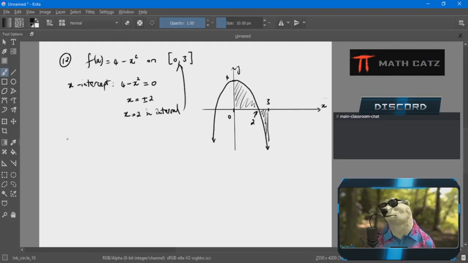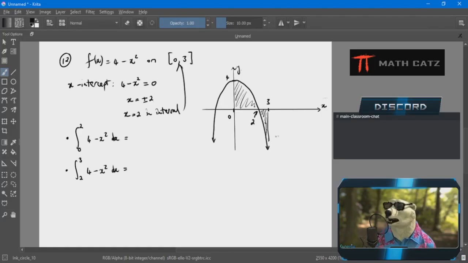So that then tells me I need to calculate two integrals from 0 to 2 of the function and from 2 to 3. If my graph is correct, the first one is going to be a positive area, the second one's going to be a negative area.